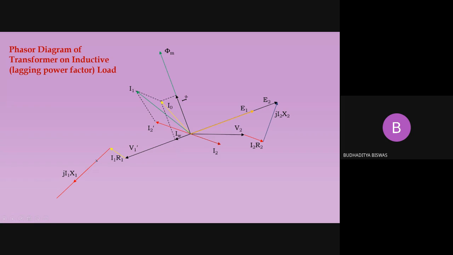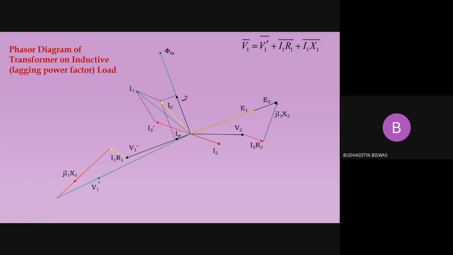Again, we have three voltages: V1 dash, the voltage across the winding only, the voltage across the resistance, and the voltage across the reactance. If we take the summation of the three voltages, we get the supply voltage V1, because the supply voltage V1 distributes itself, some portion across the resistance, some across the reactance, and the remaining portion across the winding only.